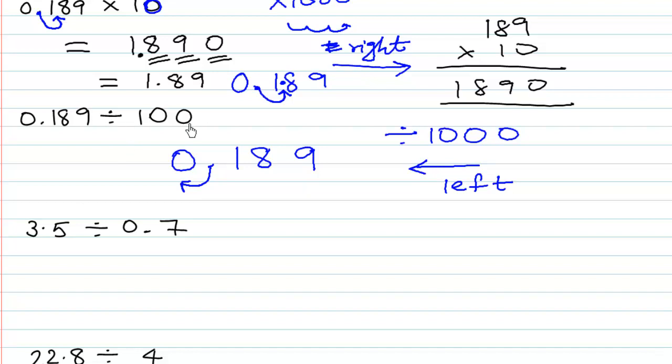Because when we divide by 100, the number has to become smaller and will not become bigger. So let us place some extra zeros over here, which we shall remove afterwards. Since there are 2 zeros, we shall shift this decimal point 2 places. So 1, 2. The decimal point will now lie over here, and then we can remove the extra zeros.